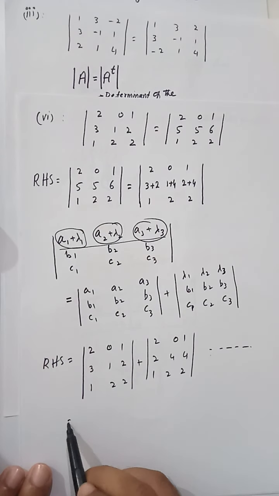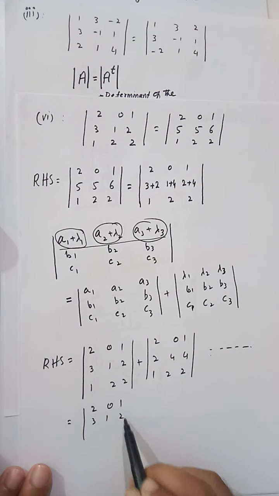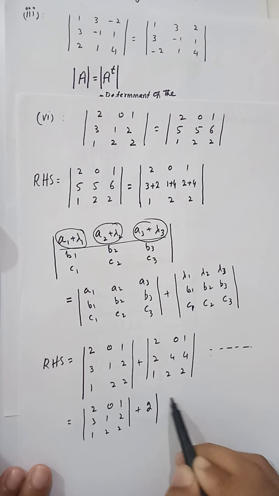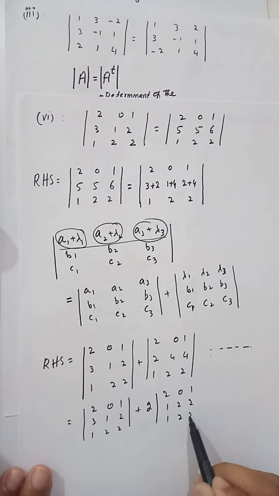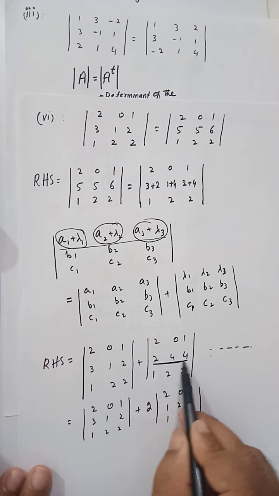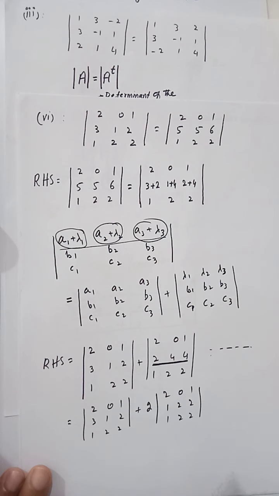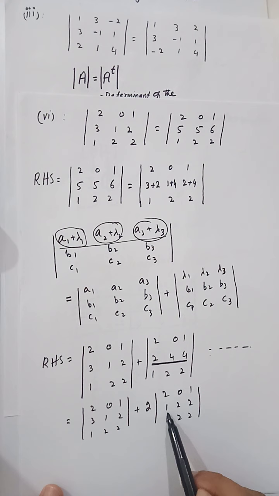Okay, now if I take 2 common from the second row, that will become 1 2 2. I am taking 2 common from this second row. So you see that row 2 and row 3 of this matrix are identical.